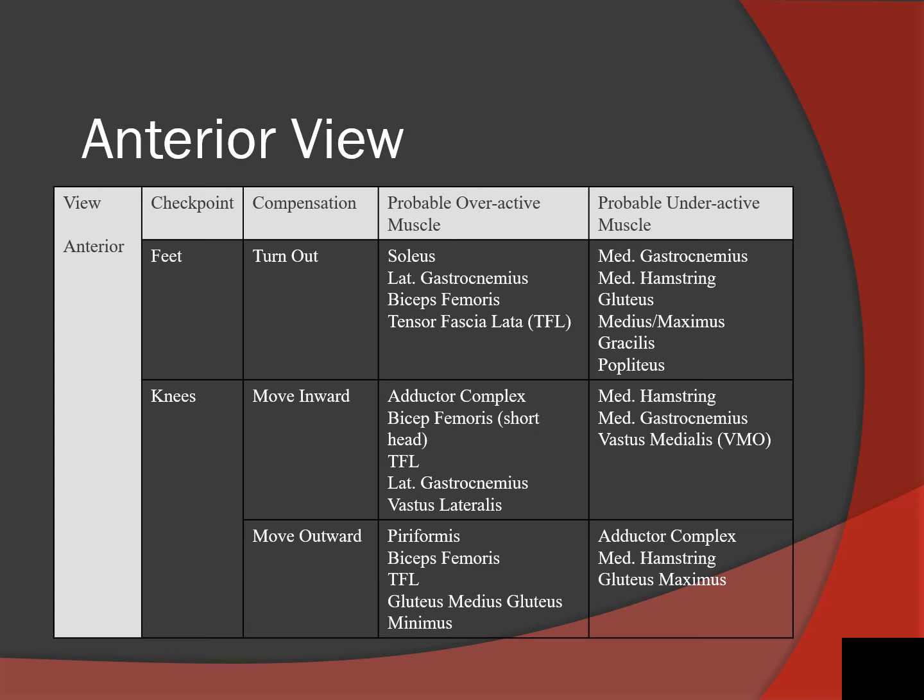Lateral gastrocnemius and the vastus lateralis, they're all probable overactive muscles. And then when you look at those underactive, the medial hamstring muscles, the medial gastrocnemius, and the vastus medialis oblique muscles, those are underactive, I would say, also along with the deep external rotators, which aren't on this grid.